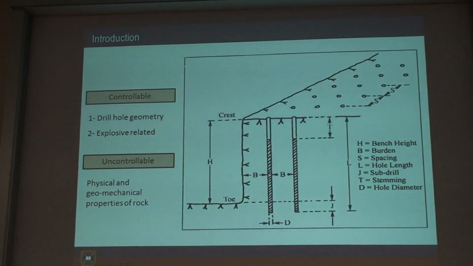Explosive related parameters means, for example, what kind of blasting agent you are going to use. Are you going to use ANFO or emulsion, or how many boosters, or what kinds of boosters are you going to use? And in terms of uncontrolled parameters, we have physical and geomechanical properties of rocks, which in rock blasting we may generally use rock mechanical parameters.